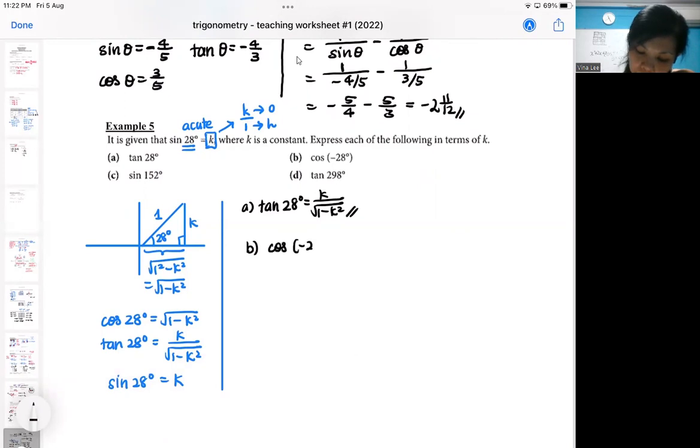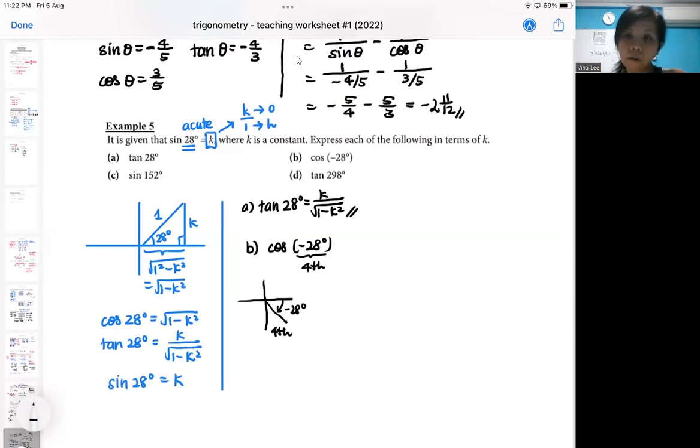Part B, this will be 4th quadrant. You're going to swing your 28 backwards. So you end up getting it in the 4th quadrant.